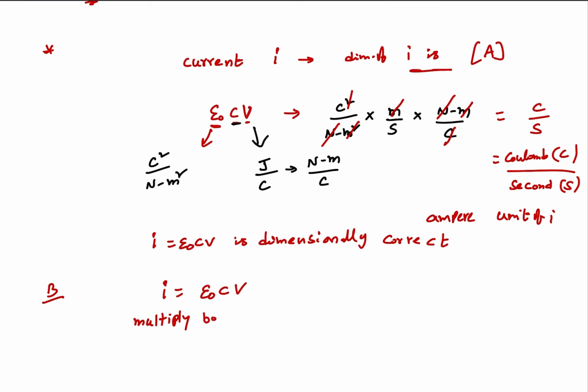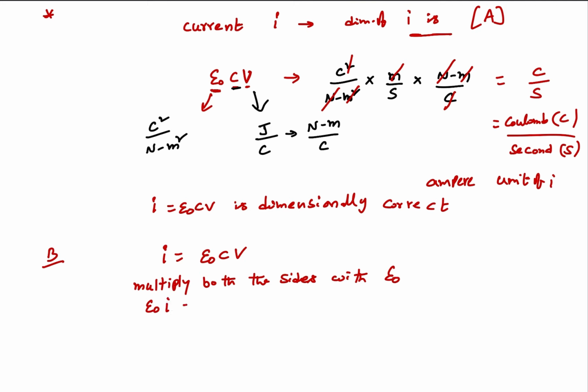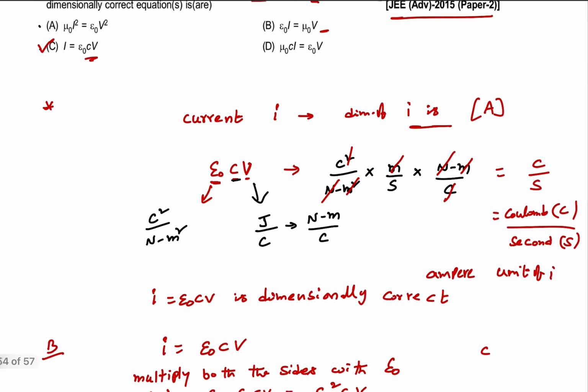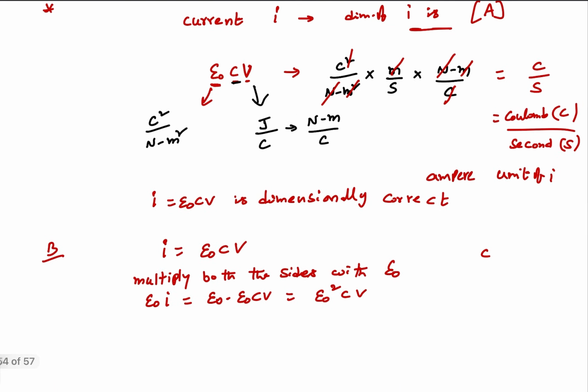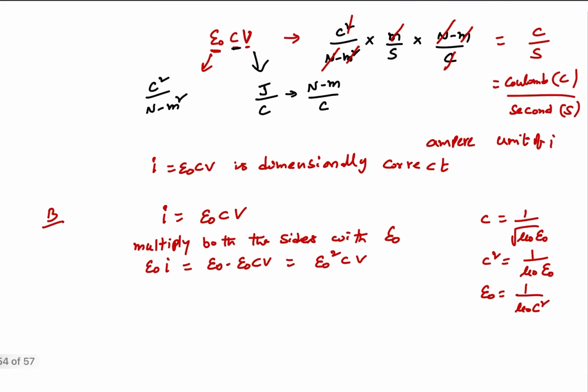You multiply both sides with epsilon naught, because I want the epsilon naught into I term. Then I can write epsilon naught into I is equal to epsilon naught square C into V. On the right side I want to get mu naught into V. C is equal to 1 by under root of mu naught into epsilon naught, so C square is 1 by mu naught epsilon naught.